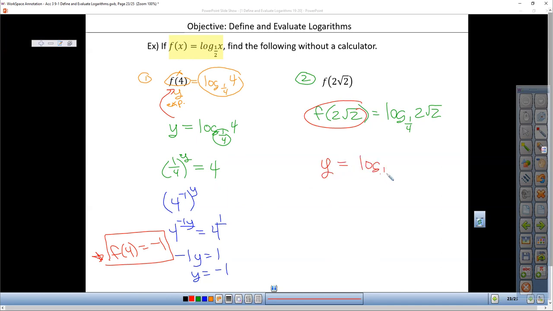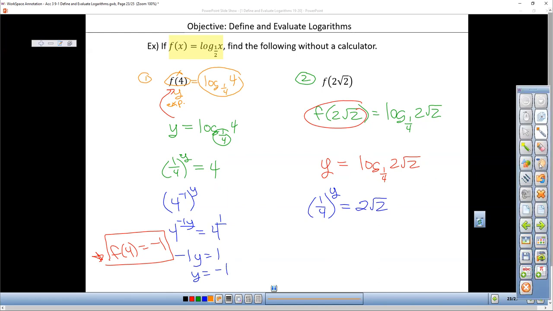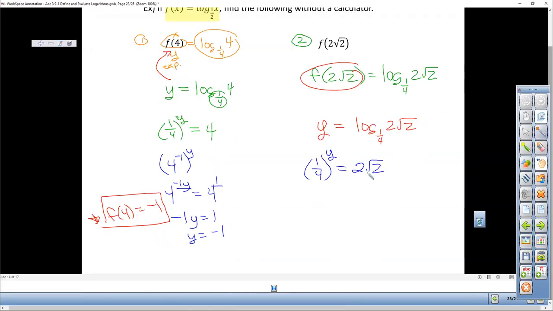And because we're dealing with our 2 root 2, we're going to have to change our forms a little bit. We'll talk about that. So I'm going to do my exponential form here first. So I have my base of 1/4 to my exponent, which is my variable y, equals my argument of 2 root 2. So here's where we can use our knowledge of, again, that roots and fractional exponents go together.